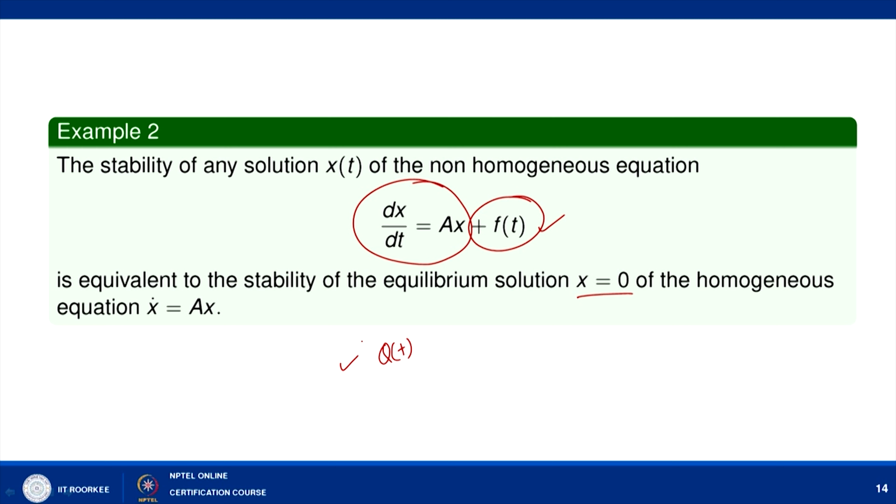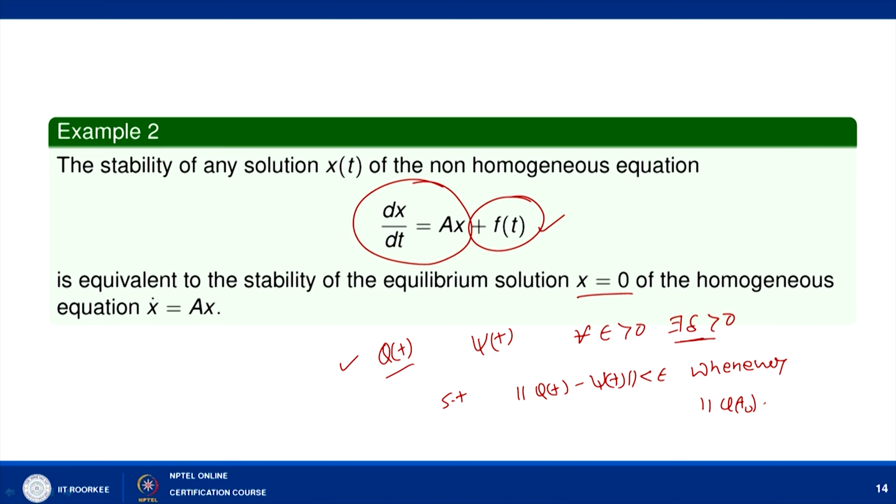To check the stability of phi(t), we consider another solution psi(t) of dx/dt = Ax + f(t), and we want to check: for every epsilon greater than 0, can we find a delta greater than 0 such that the norm of phi(t) minus psi(t) is less than epsilon whenever the norm of phi(t0) minus psi(t0) is less than delta. That is what we want to check.